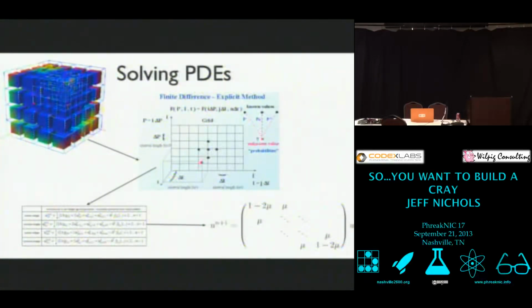You write down all of these relationships between all the different nodes, and you'll end up with a set of indexed equations that you have to solve simultaneously across all those. Rewriting as a matrix simplifies the look. With PDEs, you often get this diagonal, everything else off of here is zeros.